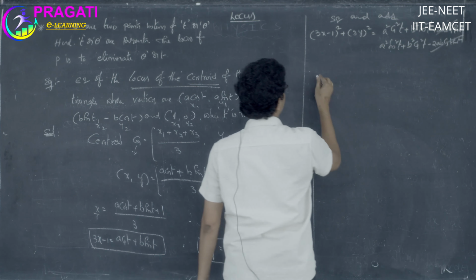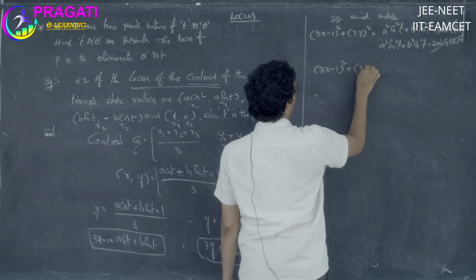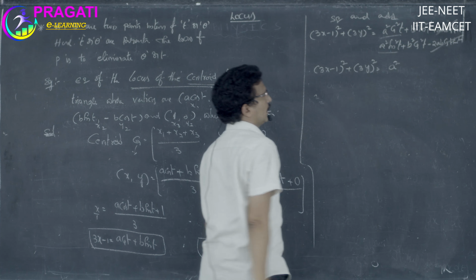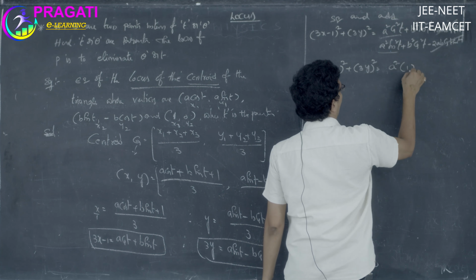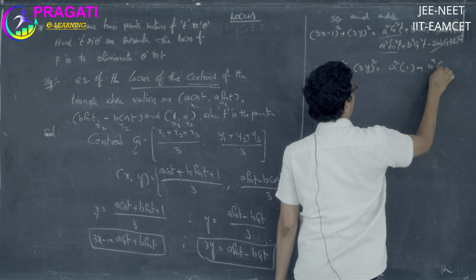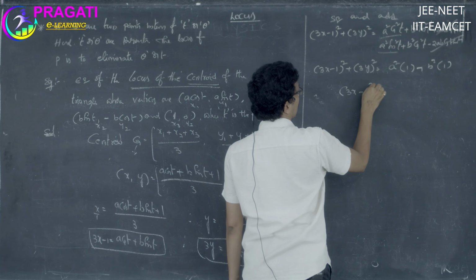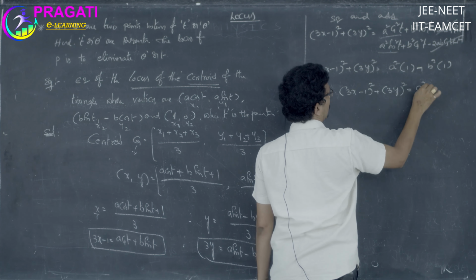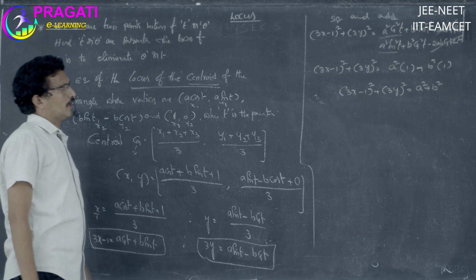These two are cancelled. (3x minus 1) whole square plus (3y) whole square is equal to, here what is the common term? a square. Then we get cos square t plus sin square t, the value is 1, and adding these two terms again it will be equal to 1. Therefore the required locus equation is (3x minus 1) whole square plus (3y) whole square is equal to a square plus b square. I will give one more example.